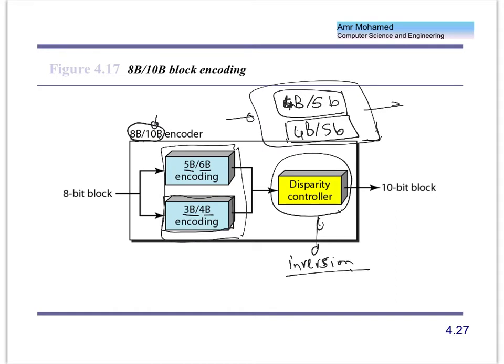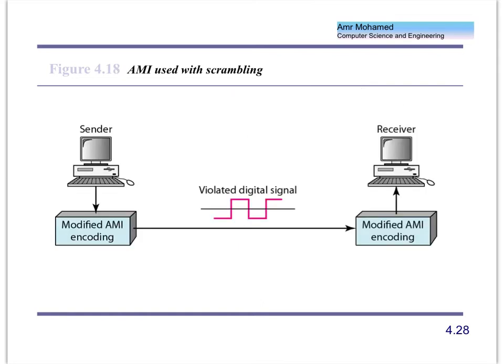So this way we improve the error quality. This disparity controller introduces the concept of inversion, similar to what we have done for the multi-level technique with 4 voltage levels, if you remember. In any case, this disparity controller is optional, and sometimes it gets added to improve the detection.